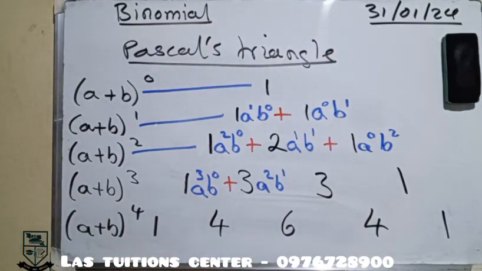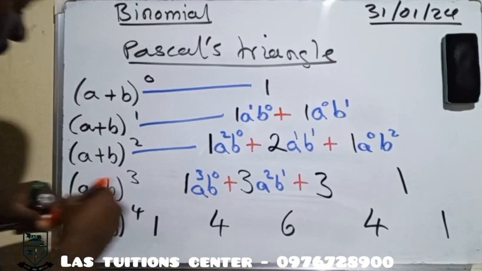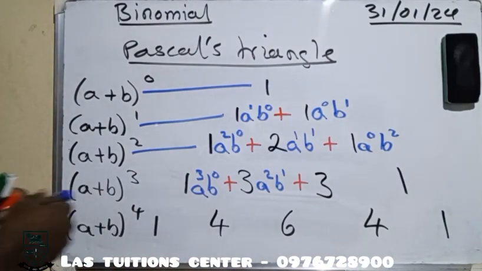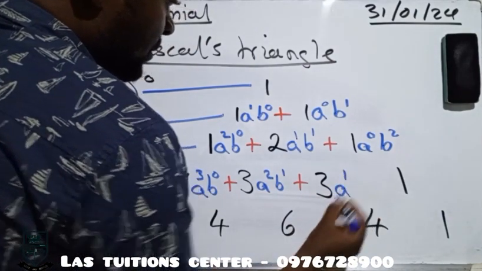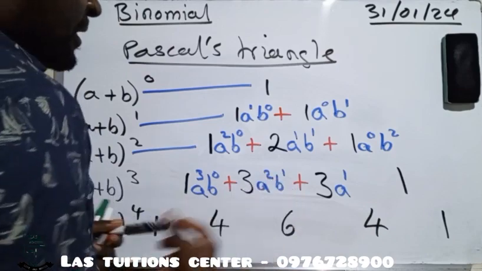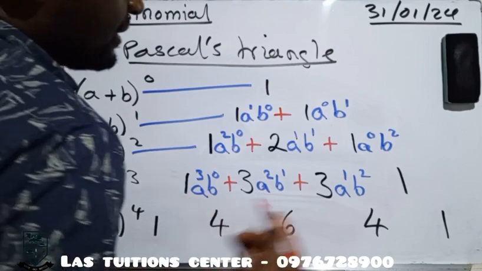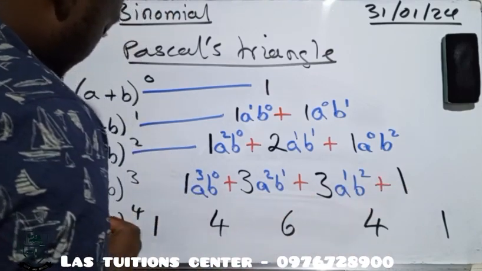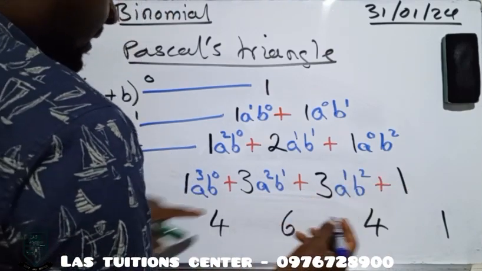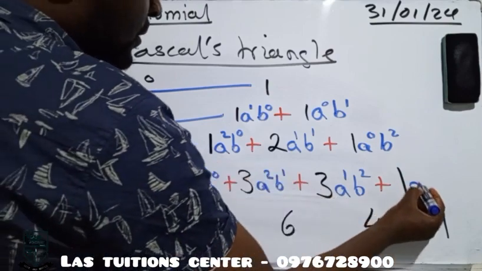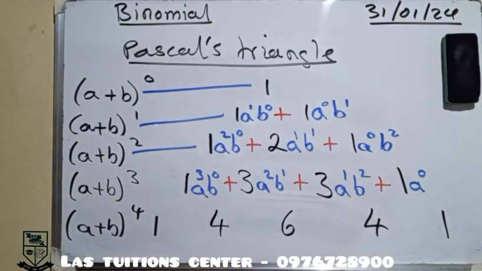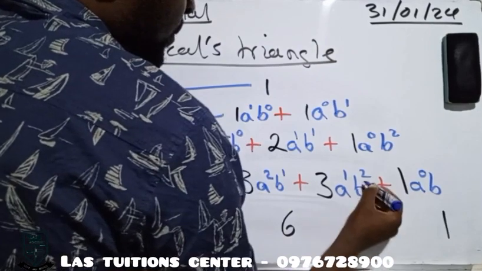And then when we go to the third term, the a will reduce by 1 to a to the power 1, while the b will gain the 1 to become b to the power 2. And then we have our plus there. And then finally, the a will reduce from 1 to 0, a to the power 0. And the b will gain the 1 from 2 to b to the power 3.